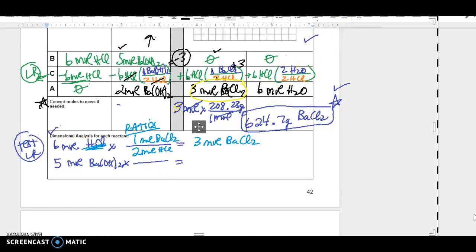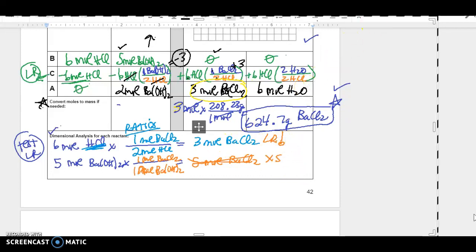Now, the other one, the Ba(OH)2: 1 mole of Ba(OH)2 gives me 1 mole of BaCl2. That's from the ratios, so 5 times 1/1. This one could make 5 moles of the BaCl2. So that tells me that's not going to happen. That's too much. This guy has to be the limiting reactant. This one's the excess.